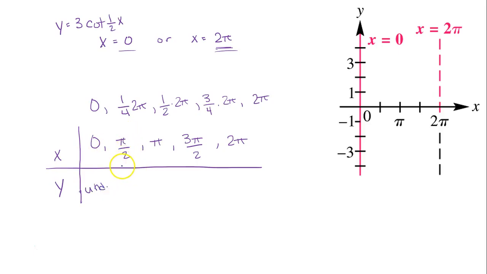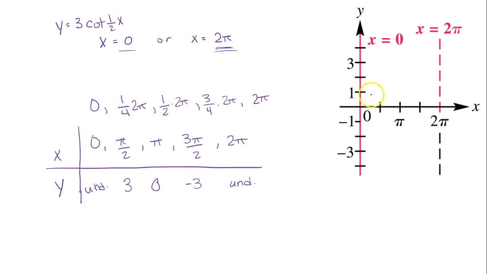Plug that in, and what you should get is, let's see, you're going to get 3. And then the next one, you're going to get 0. And this one, you get -3. And then this right here is your vertical asymptote. It's undefined. Okay, so plot pi over 2, 3, pi, 0, and 3 pi over 2, -3 on the graph.